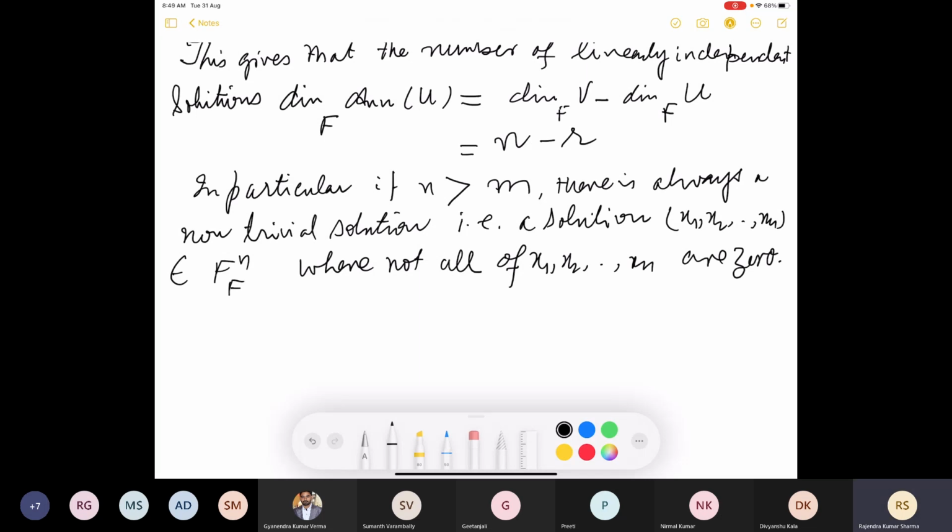So it always will have at least one non-trivial solution.